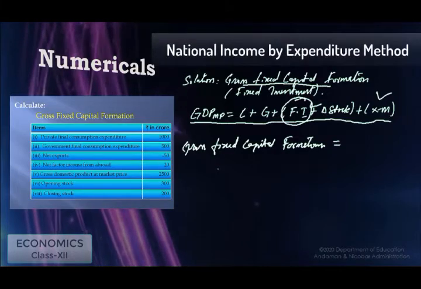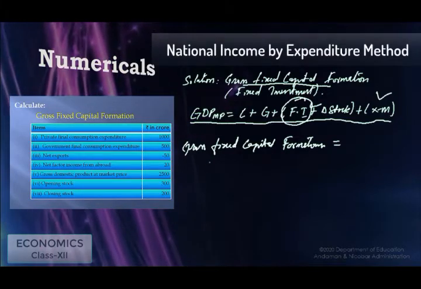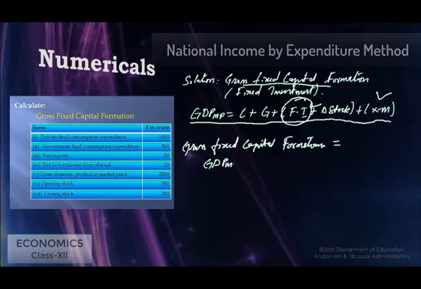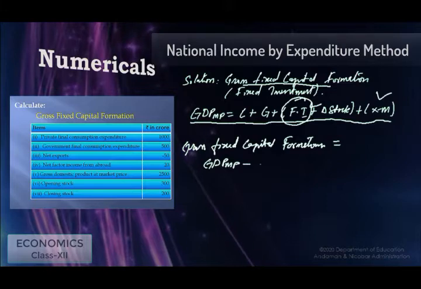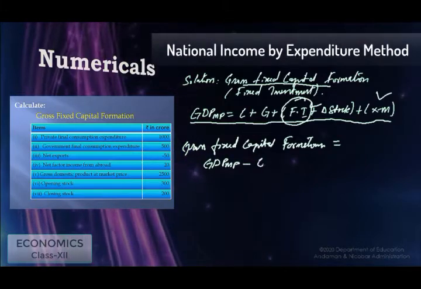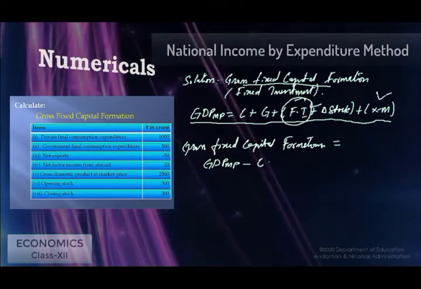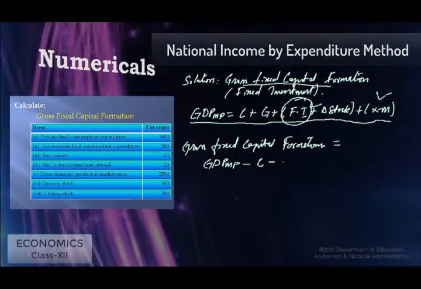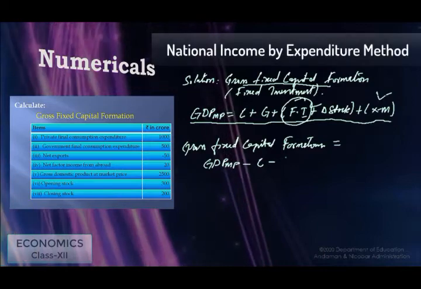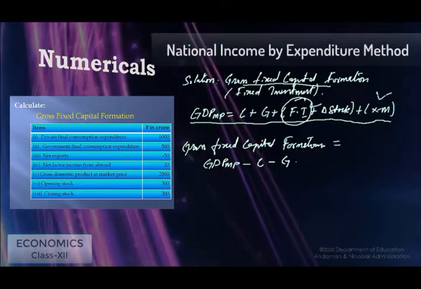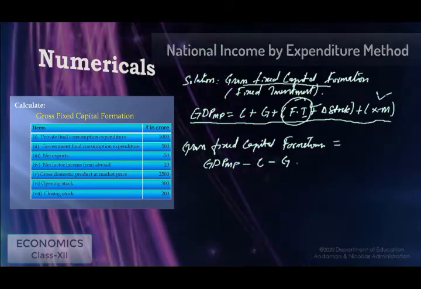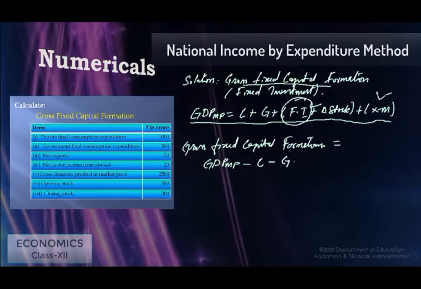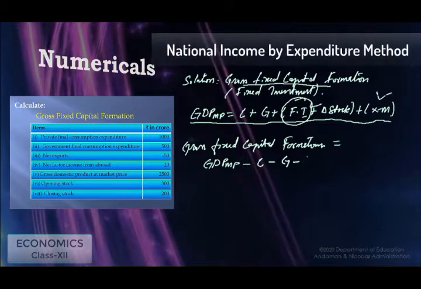The equation becomes GDP at market price minus C, the private final consumption expenditure, minus G, the government final consumption expenditure, minus change in stock, and the net export will be subtracted.